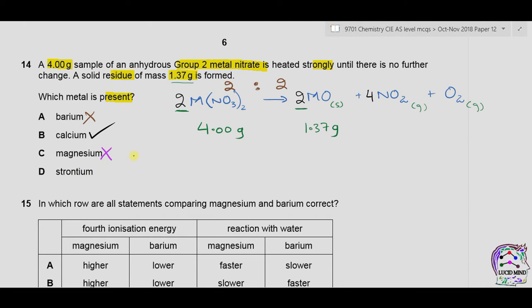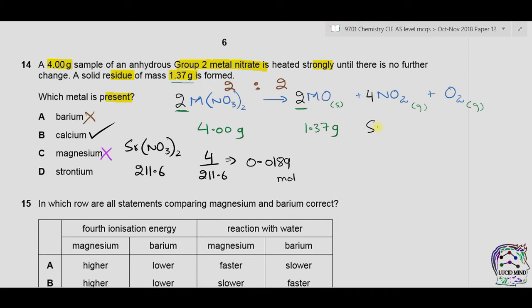Doing the same for D, we have strontium nitrate. Molecular mass of strontium nitrate comes equal to 211.6, and the number of moles is 4 divided by 211.6, which is 0.0189 moles.